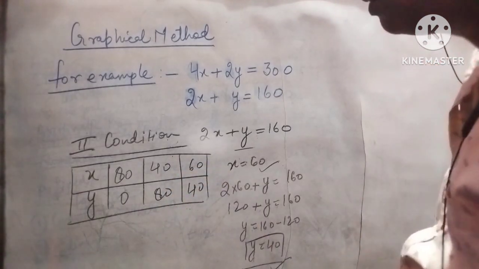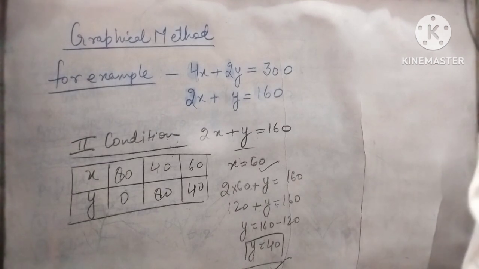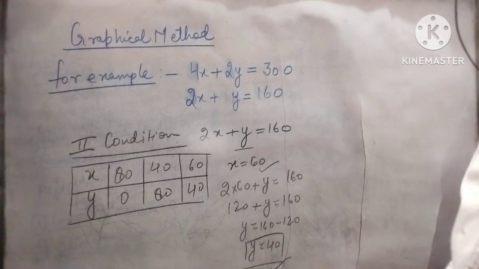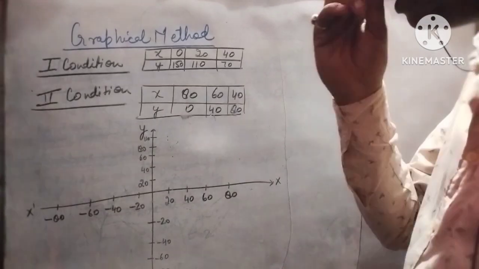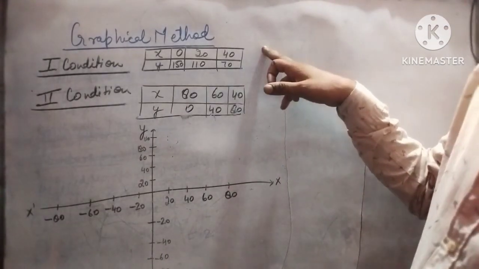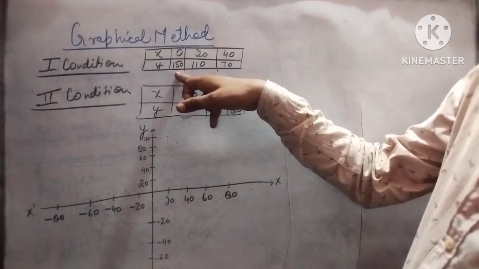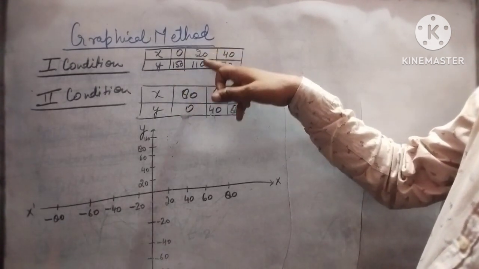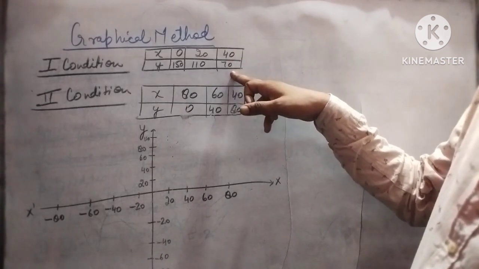So what we have to do is plot these points on a graph paper. Now for the first condition, we have found the values: for x equals 0, y we have got 150, then if x is 20 we have got y 110, and x is 40, then we have got y as 70.